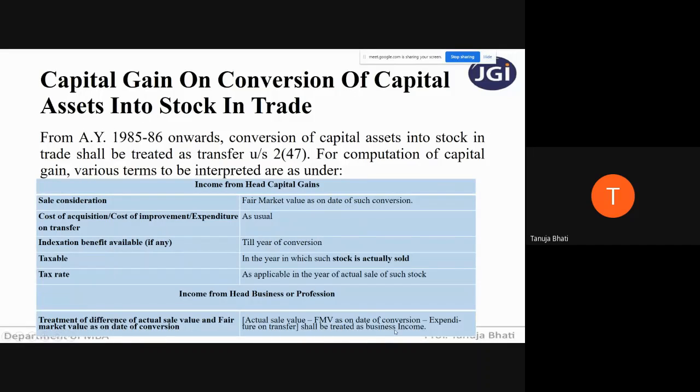Simply, let me make you all understand that when any capital asset is getting converted into stock in trade, now that stock in trade you're selling. So whatever is the actual sales value that you're collecting from the customer minus the fair market value as on the date of conversion, if it is positive, it is going to be your business income, profit, and if it is negative, it is going to be your business loss. So let us see a sum on this.